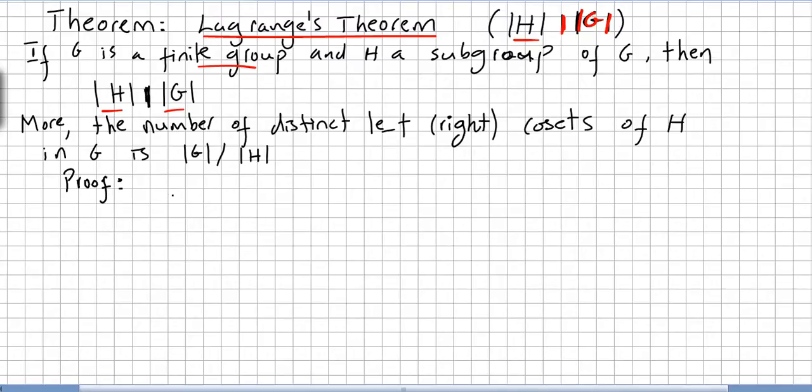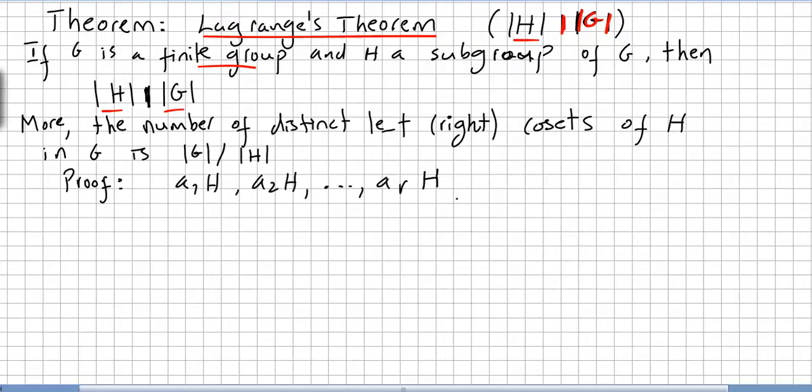Proof. Okay, let us take some left cosets like A1H, A2H, up to AN, or I'm going to call it R, ARH.